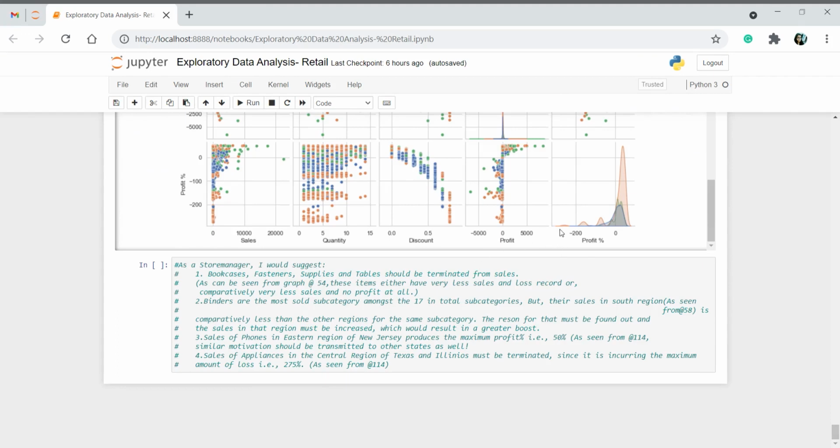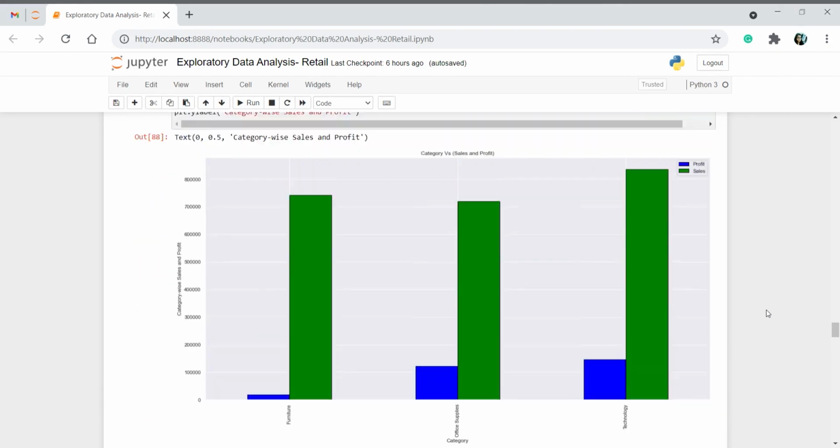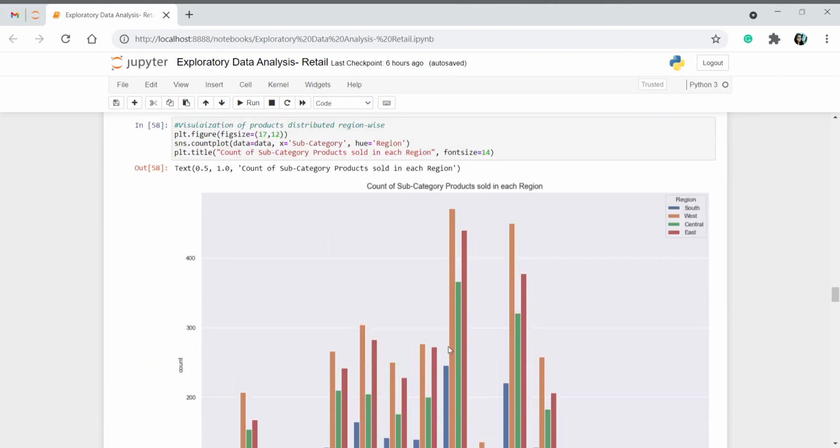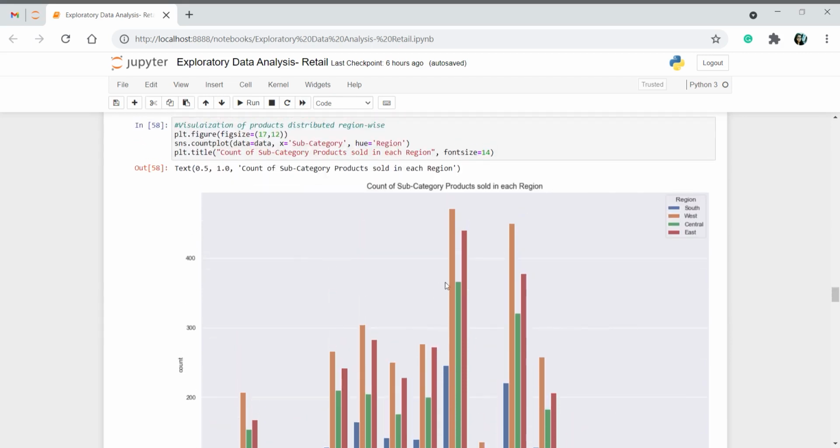Also, binders are the most sold subcategory amongst the 17 products. But their sales in the southern region are a bit less when compared to the other three regions. Here, this is the binder product, and the sales of binders in the southern region are a bit less when compared to the other three regions.